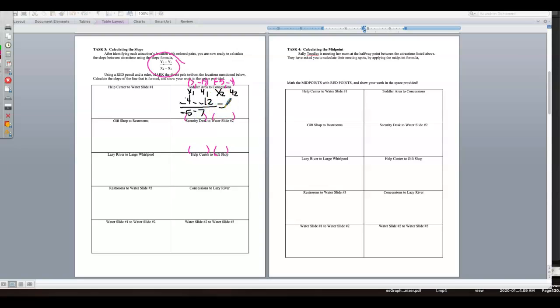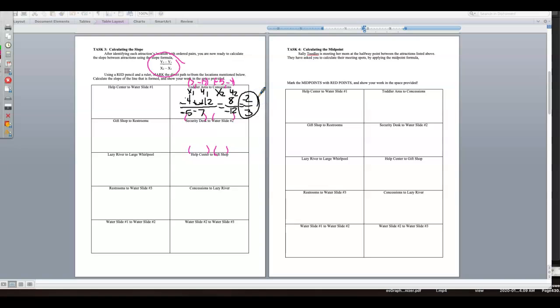You can see here that I have 2 negatives, so I can make it into a smiley face, which makes it a positive. So if I have -4 and I add 12, I would get +8 over, if I'm down 5 and I go down 7 more, I'd be down 12. You do need to simplify these, so I could divide both the top and bottom by 4, which would give me a negative 2/3, and that would be my slope.